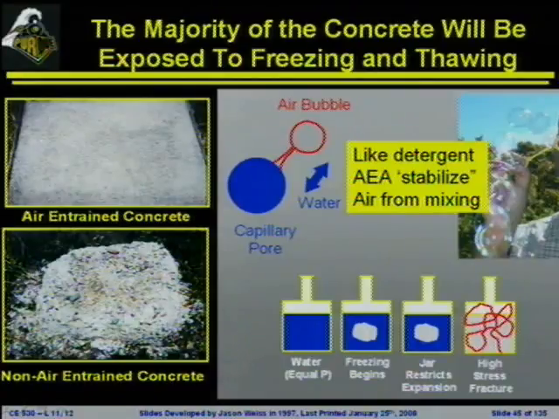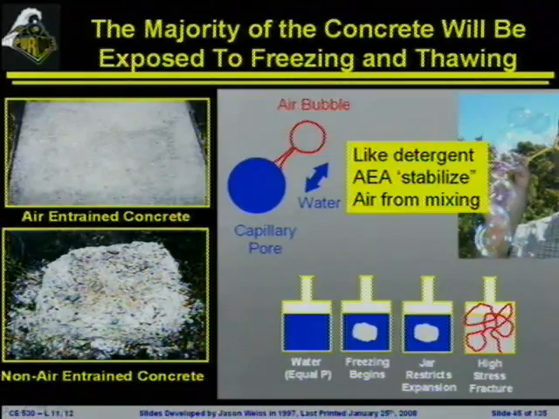And the idea here is not necessarily to add the air itself, but what we're doing is we're adding something like something you may have played with a nephew or son, daughter, whatever. You see here somebody blowing bubbles. It is something that helps to stabilize those bubbles. So we are adding an air entrainer to the back of the truck of the concrete to capture the air that's generated during the mixing process.